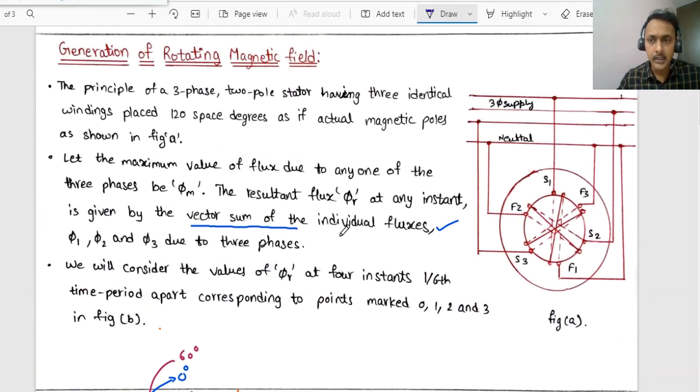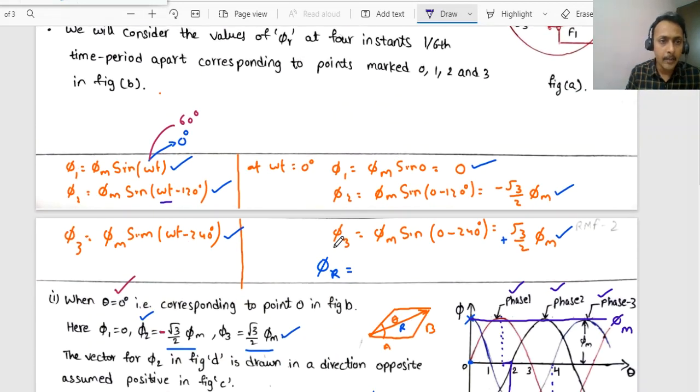So in this entire discussion, the key point is that the resultant flux is the vector sum of individual fluxes. The individual fluxes are given mathematically because they are sinusoidal in nature. This is the graphical representation and this is the mathematical representation of a sinusoidal waveform.